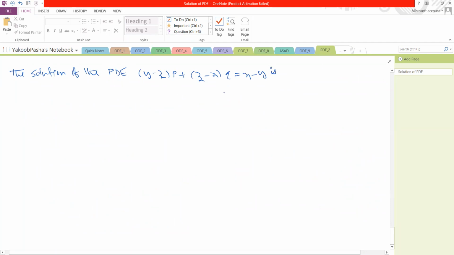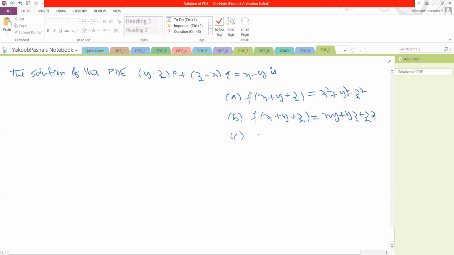Look at the options carefully. Option A: f of x plus y plus z is equal to x square plus y square plus z square. Option B: f of x plus y plus z is equal to xy plus yz plus zx.